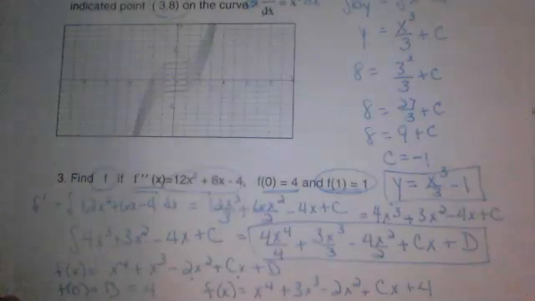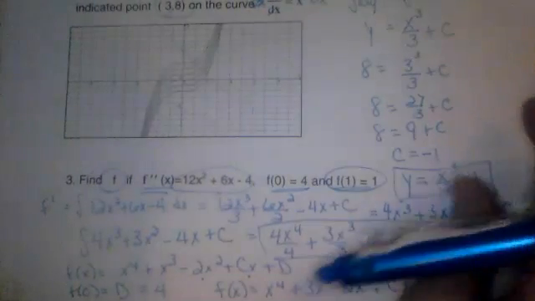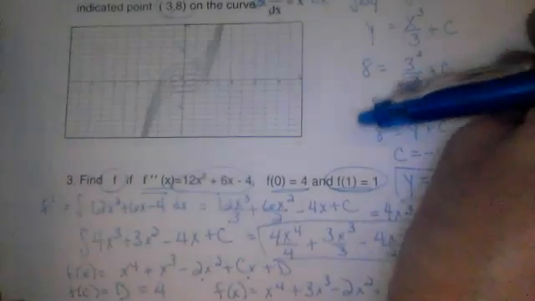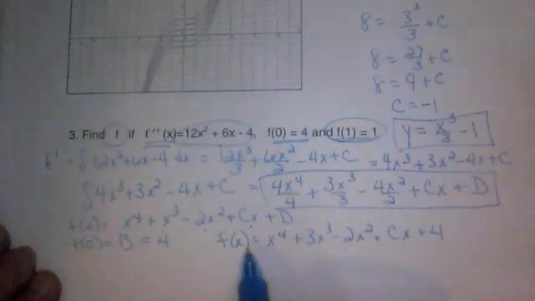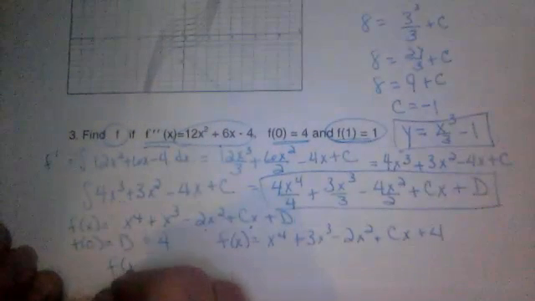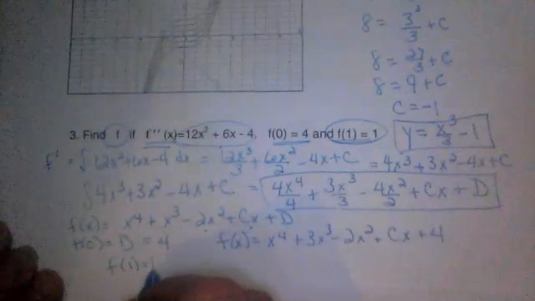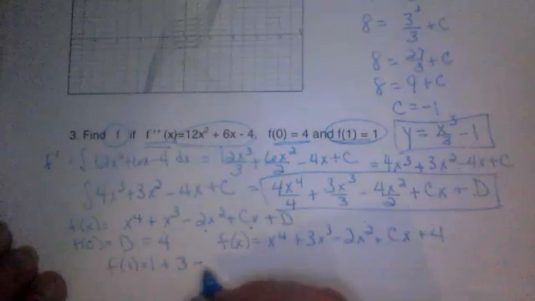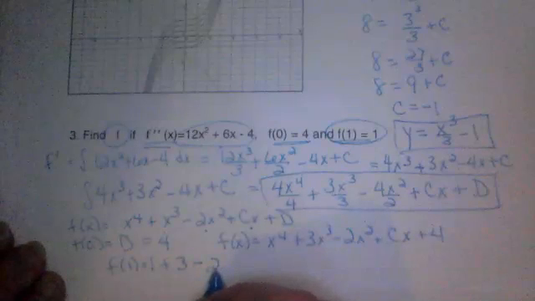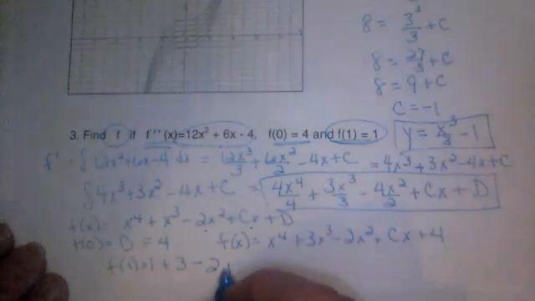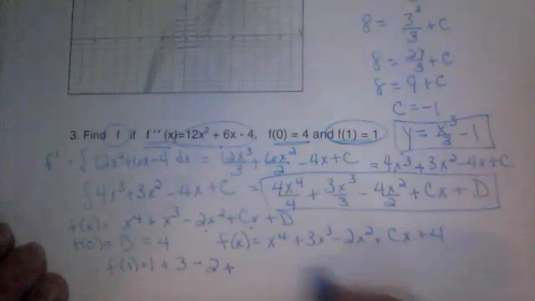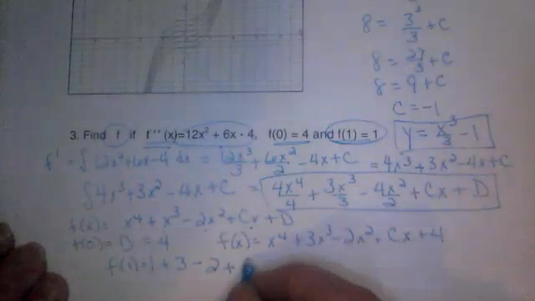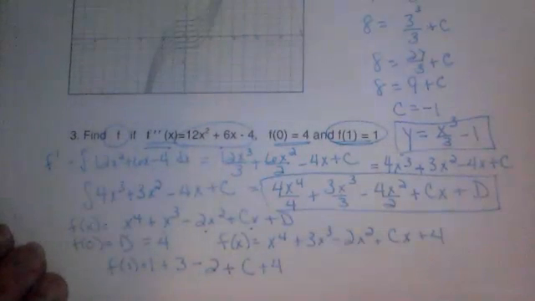Now I'm going to take this other piece of information here and find f of 1. So let's plug in 1. So I can slide this up a little bit. We're going to plug in 1 now. F of 1 will be 1 to the fourth plus 3 times 1, which is 3, minus 2 times 1 squared, plus c, because x is 1, plus 4.